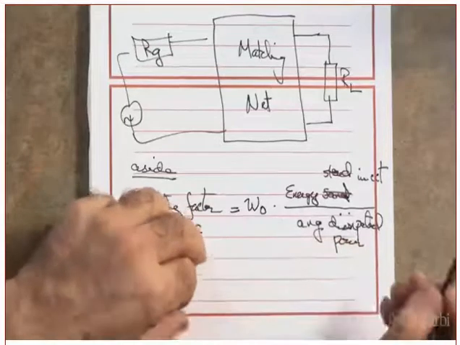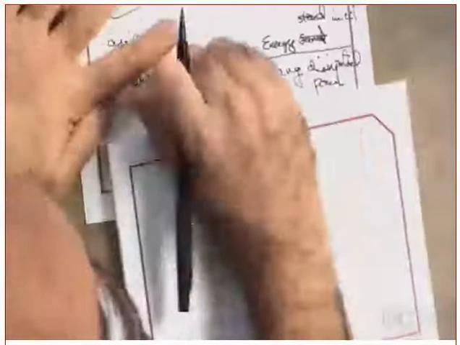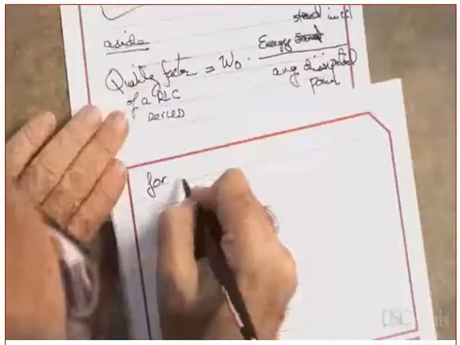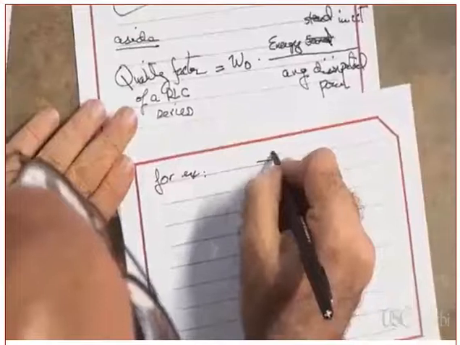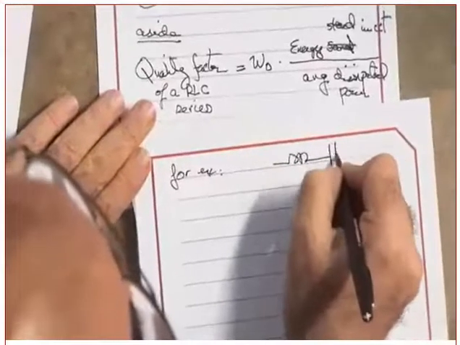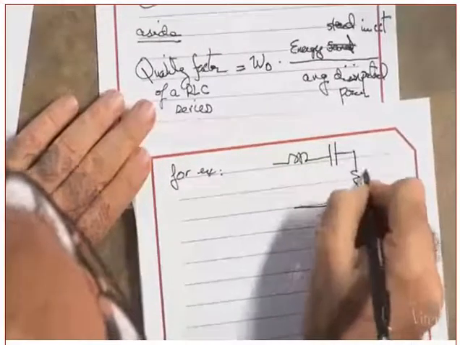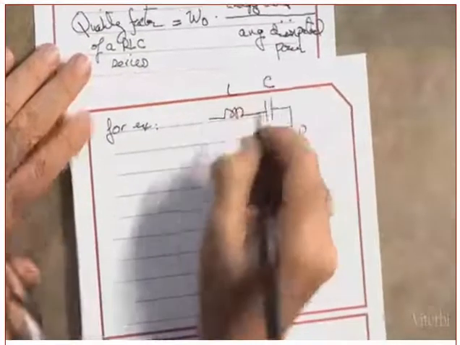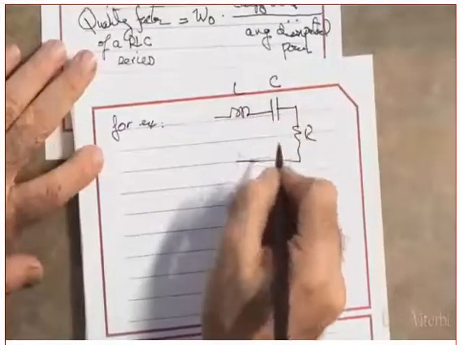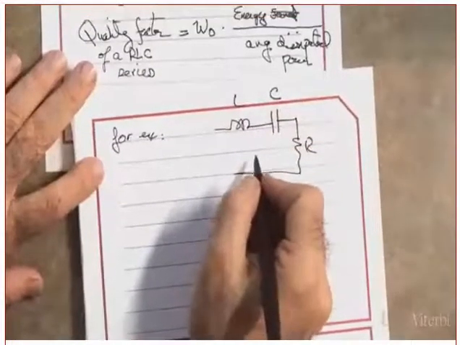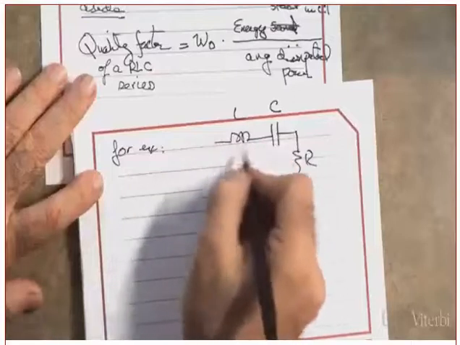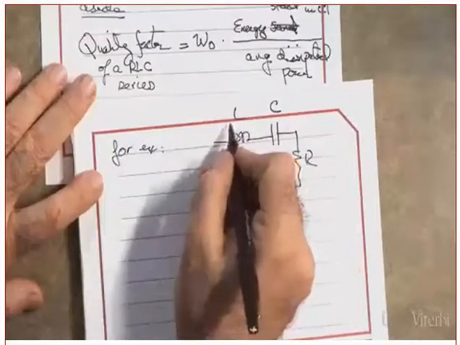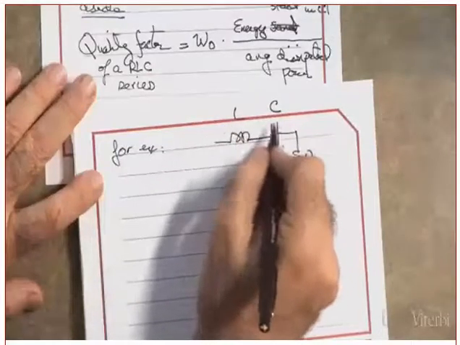Okay, let me show you very quickly; you can do the rest on your own. It's just straightforward. For example, suppose we have a series RLC. What is the energy? Let's assume that we are dealing with the electrical energy rather than magnetic energy. For magnetic energy, you use the inductor. For electrical energy, you use the capacitor.